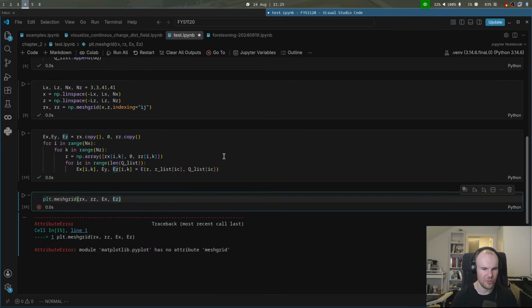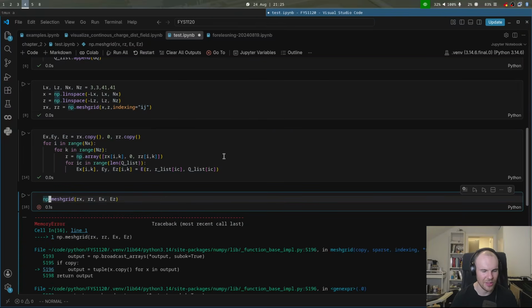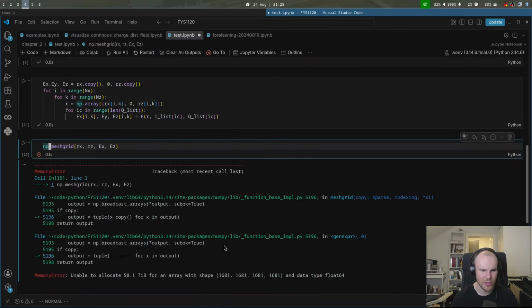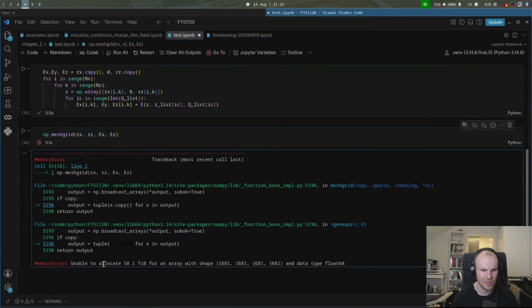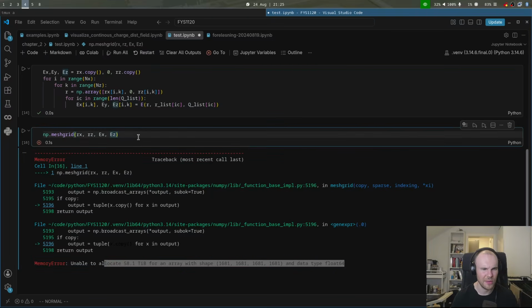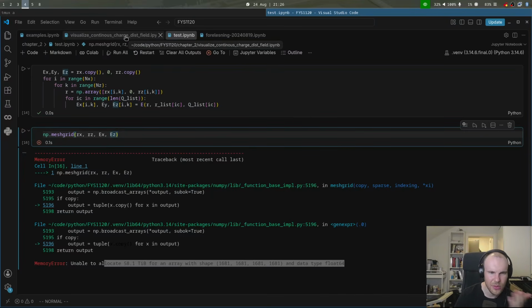No, it's not mesh. Oh, is it numpy? What is going on? Yeah, it's numpy meshgrid. What? What am I doing? There's something that's missing here. Okay, I'm going to check that. I've used this a million times. Why? What am I doing?